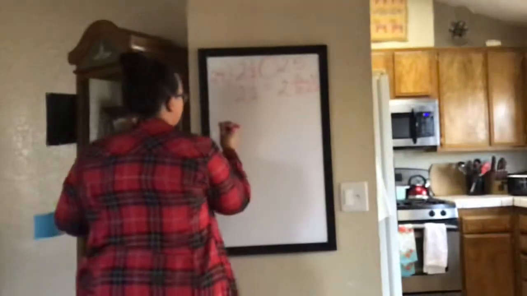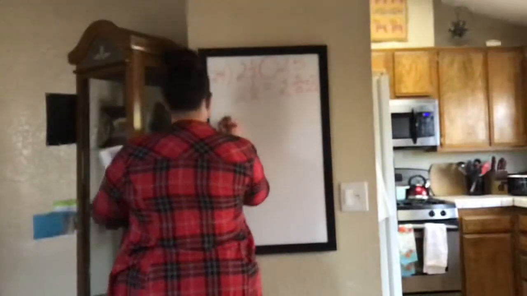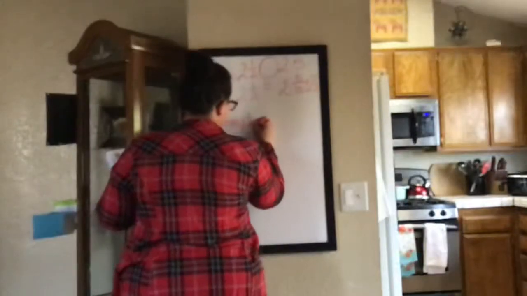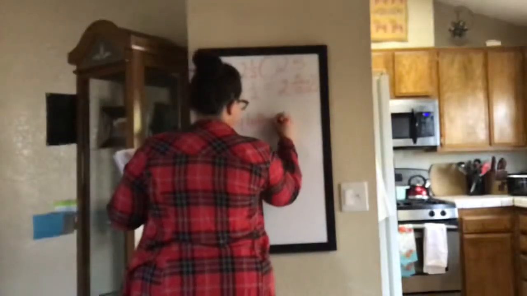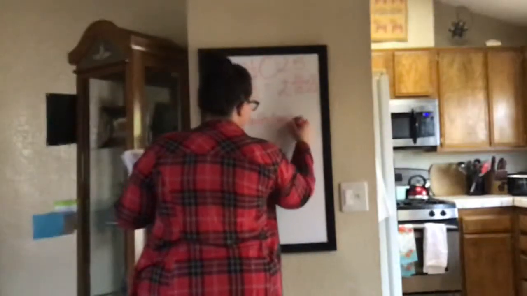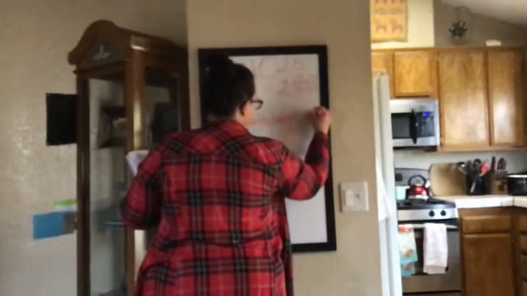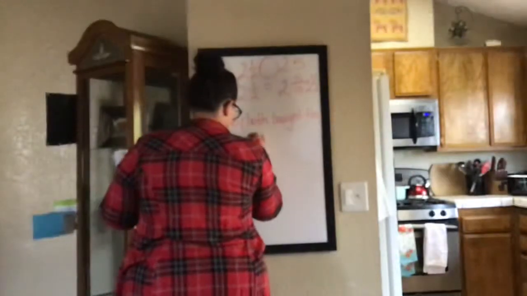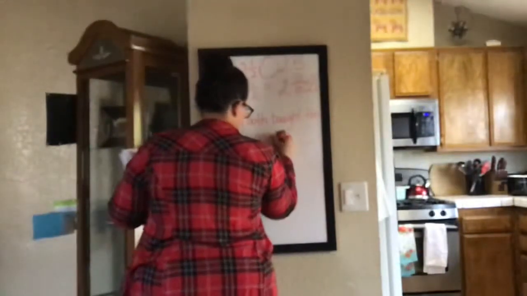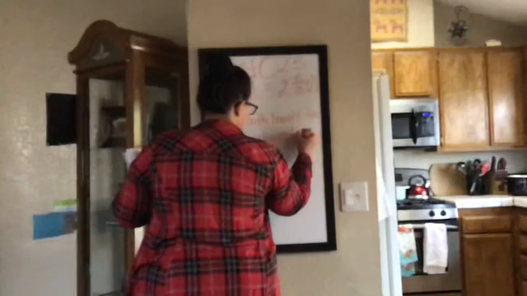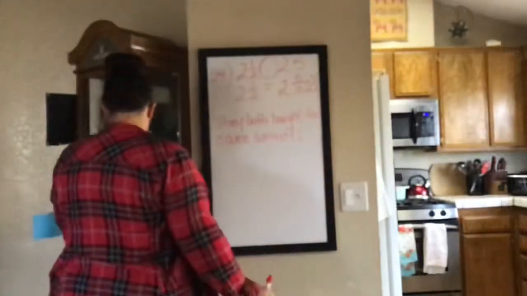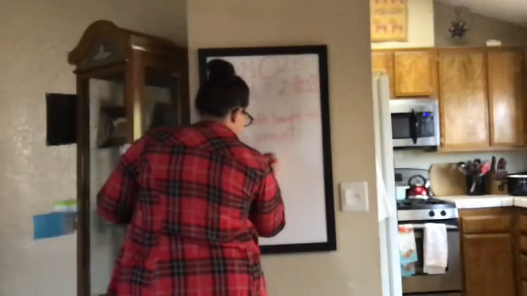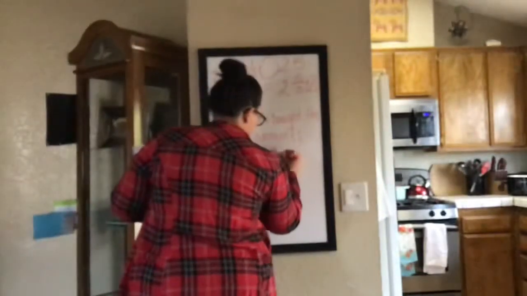So, what we can write is, they both bought the same, right? And the explanation is you can just say 2.5 is equal to 2.5.